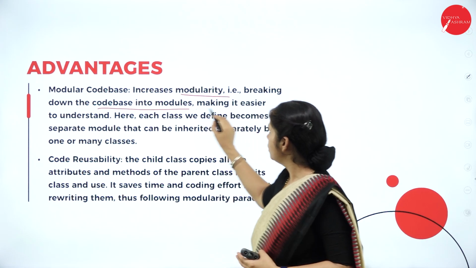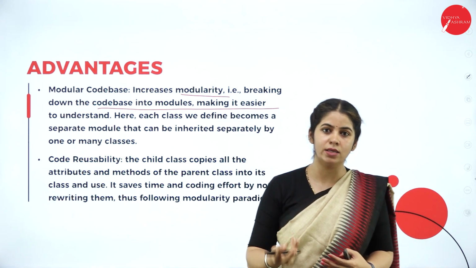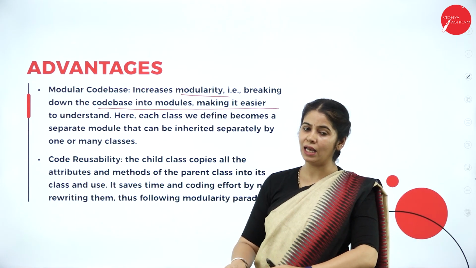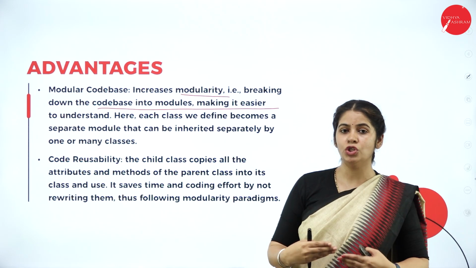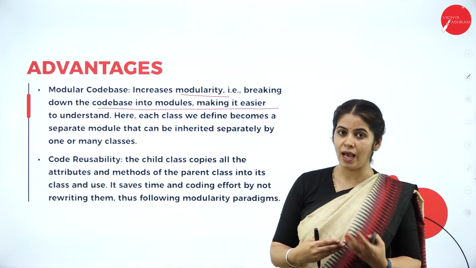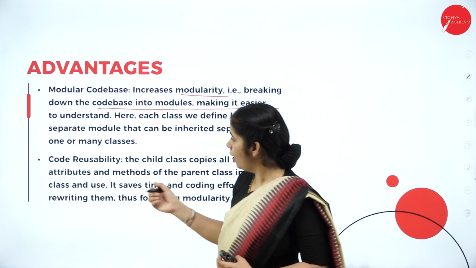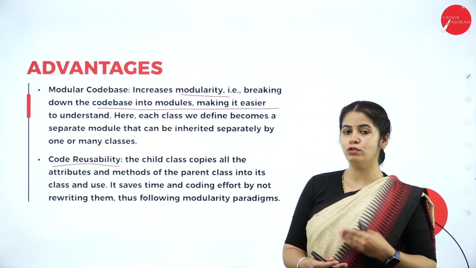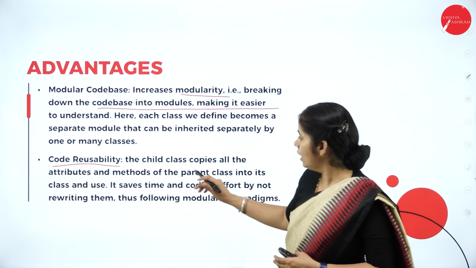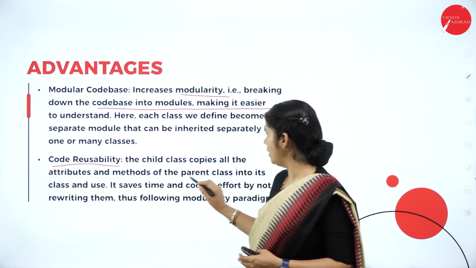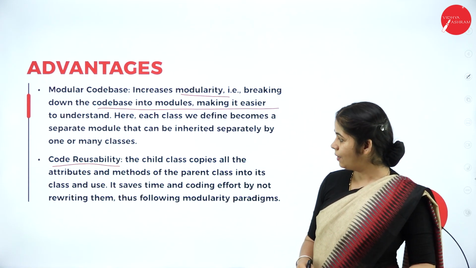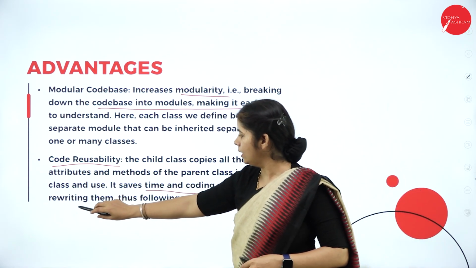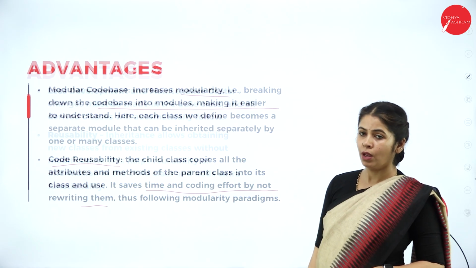Breaking down the code base into modules makes it easier to understand. Instead of putting everything in a single place, we divide it into classes, which makes it easy to understand which method or attribute belongs to which class and how to access them. Then code reusability: the child class copies all the attributes and methods of the parent class into itself and uses them, saving the time and coding effort of rewriting them, thus following a modular program.